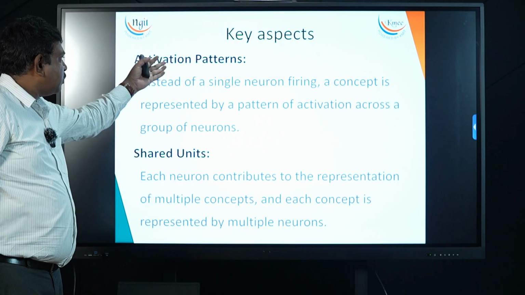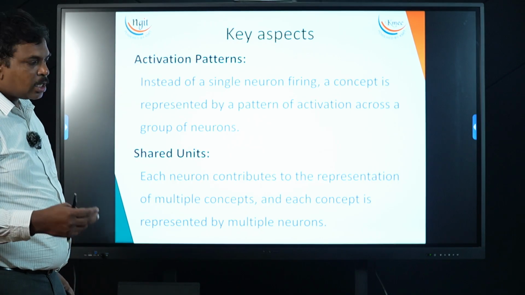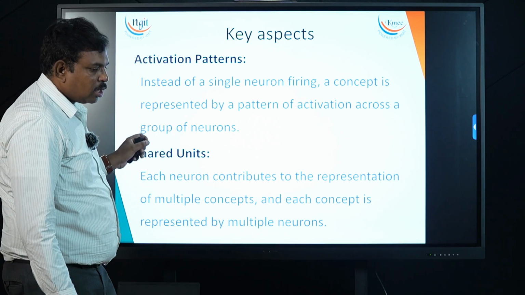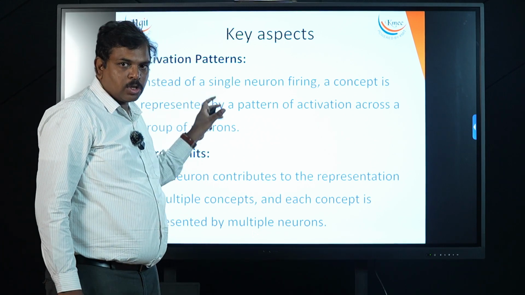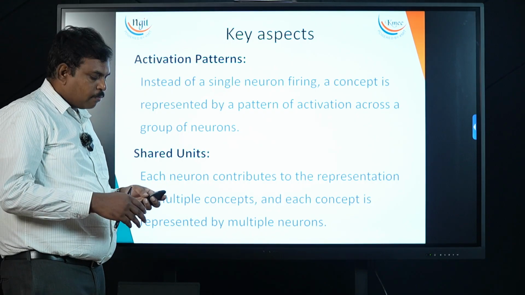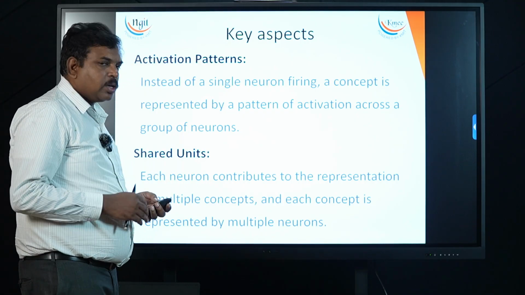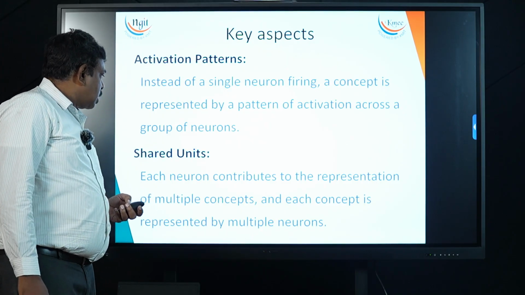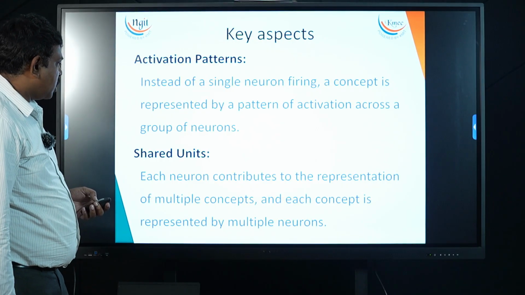First, activation patterns. In a normal localized representation, only one single neuron is activated, but in this kind of representation, multiple neurons get activated, giving a pattern of activation you can expect from the neural network. Second, shared units.